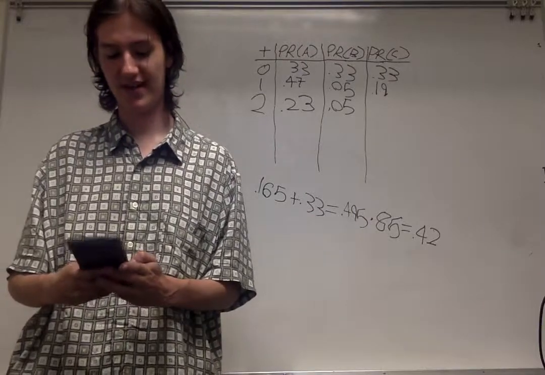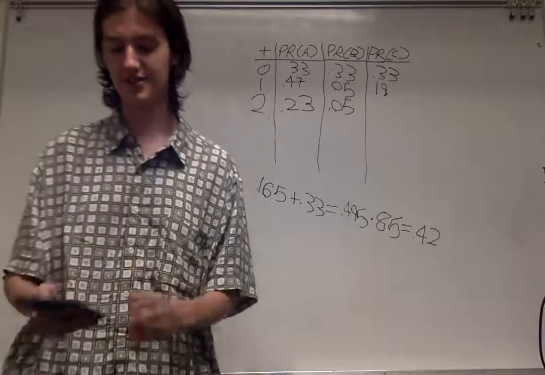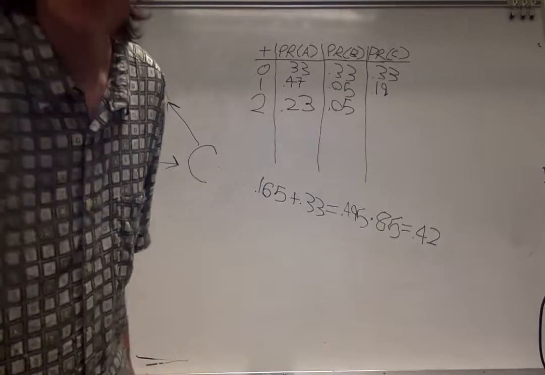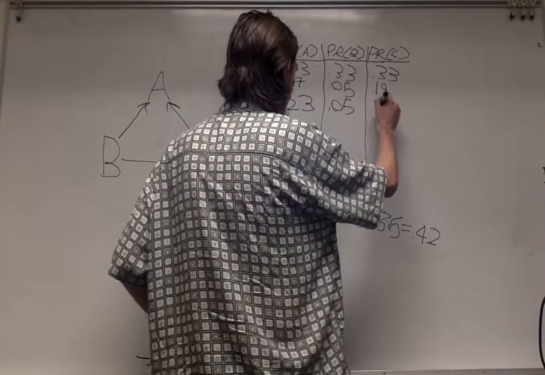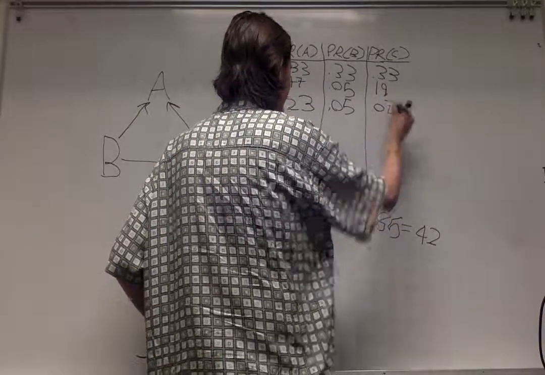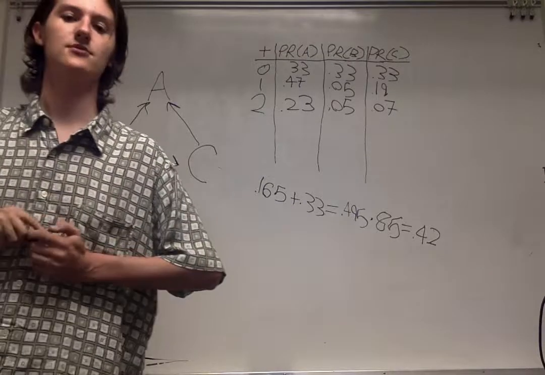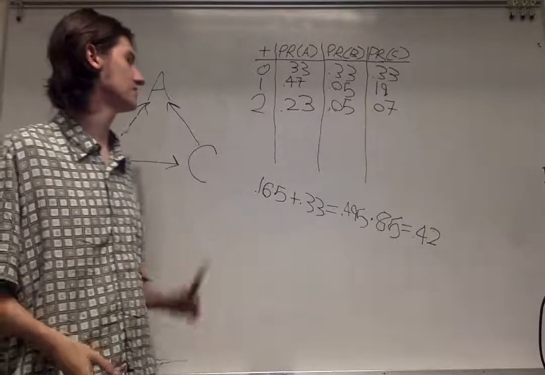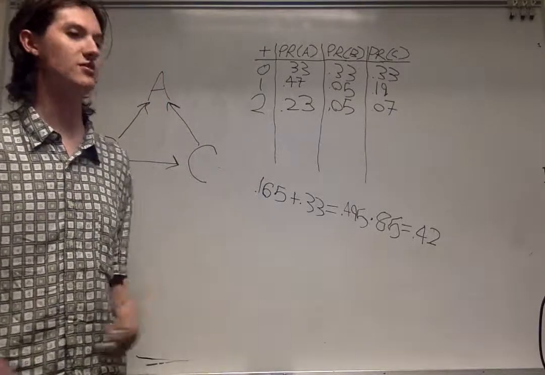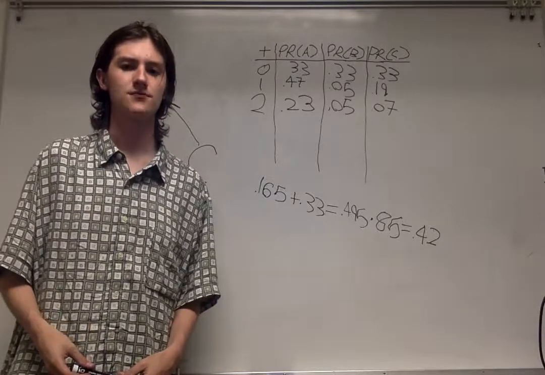We're going to add to that our 0.05, giving us a total of 0.071, or in this case just 0.07. Now we could keep going, but I think that we can all see that C is always going to be greater than B, and that A is always going to be greater than both C and B.